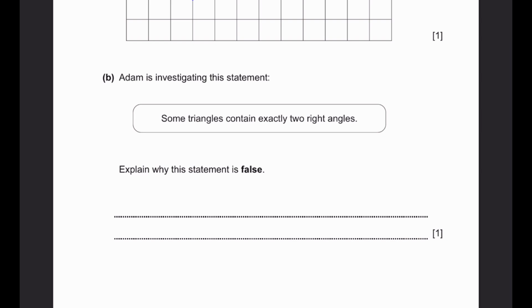B. Adam is investigating the statement. Some triangles contain exactly 2 right angles. Explain why the statement's false. Well, the 3 angles in a triangle add up to 180 degrees. It's a triangle angles rule.